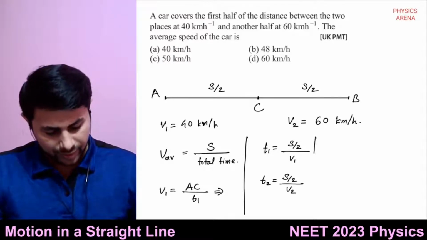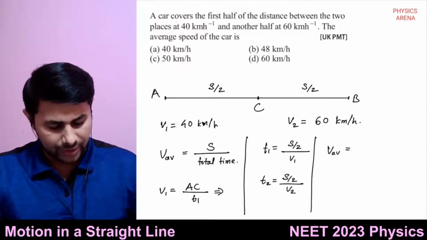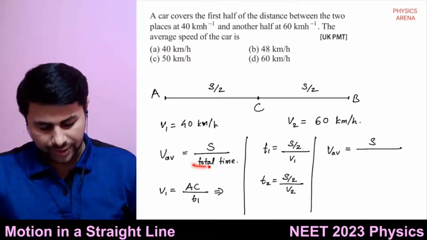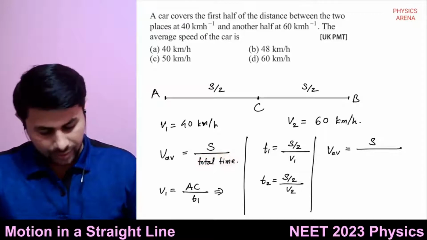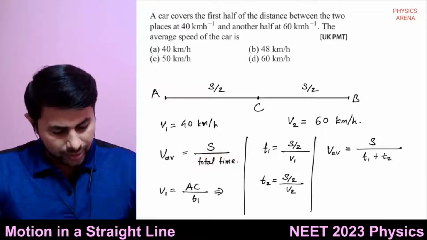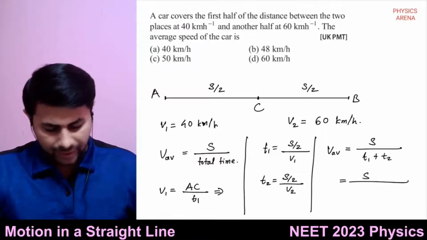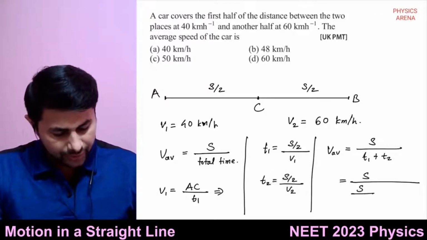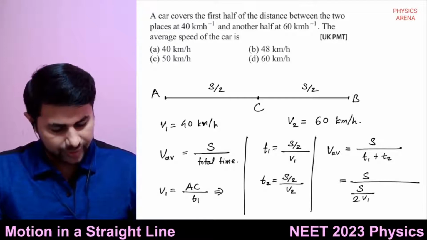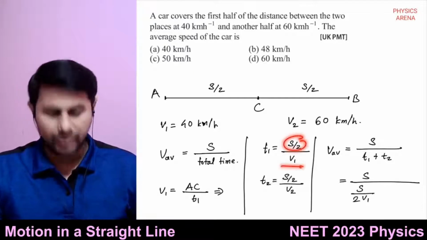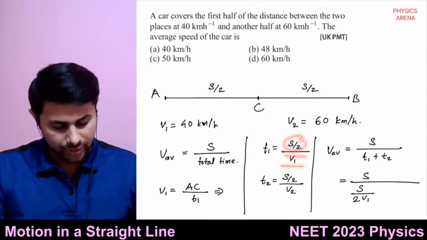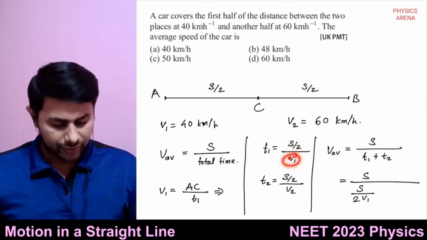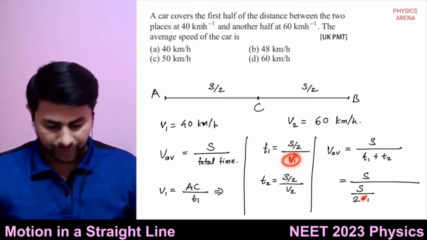See, the average velocity is S divided by T1 plus T2, since the total time is T1 plus T2. So that is equal to S divided by, what is T1? It is S upon 2V1, right? The 2 is in the denominator, so it will be in multiple of V1.